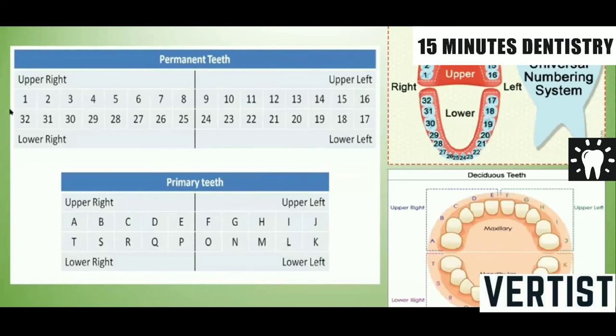For the permanent teeth, the teeth are numbered beginning from the upper right, that is, the upper right third maxillary molar, continuing along the maxillary arch till tooth 16, that is the maxillary third left molar, and then dropping down to the mandibular arch, where it begins at 17, that is the mandibular left third molar, continuing in a clockwise direction till it ends at the mandibular third molar of the right side.